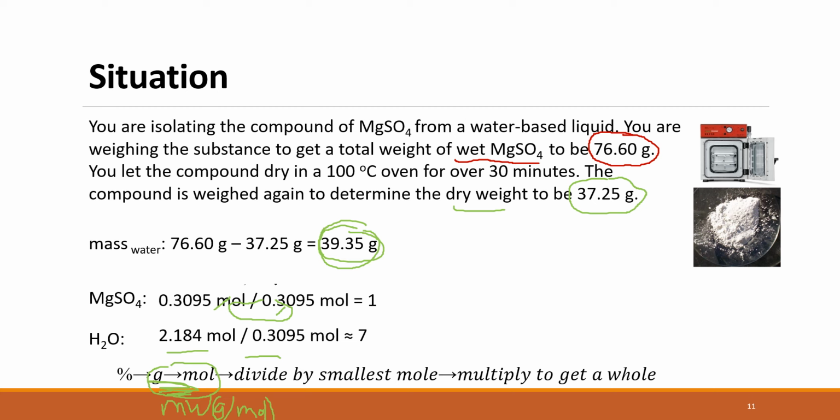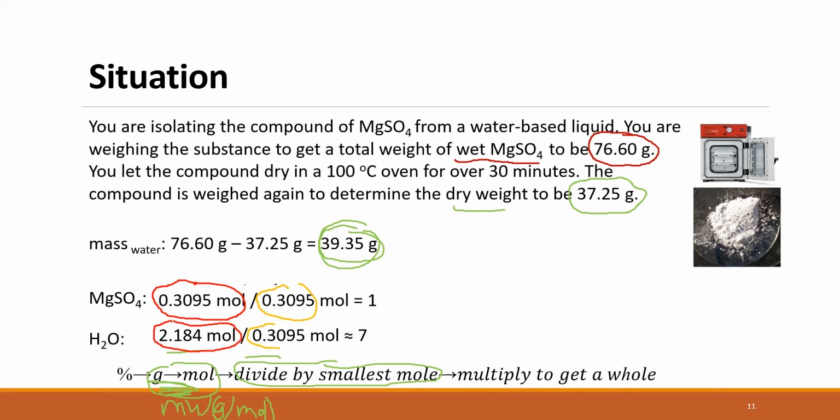Next step then is to divide by the smallest mole amount. So to divide by the smallest mole amount, we're comparing the two moles that we just calculated, which is 0.3095 and 2.184. So which one is smaller? Well, 0.3095 is smaller. So we divide both of those mole amounts by 0.3095.